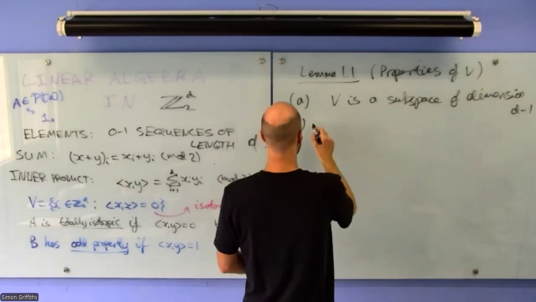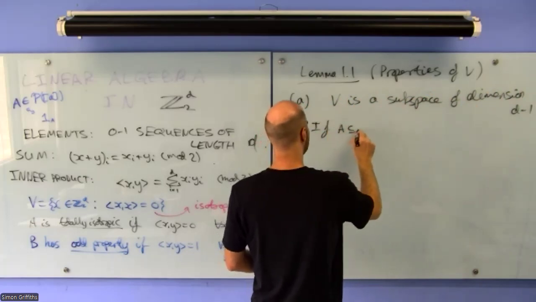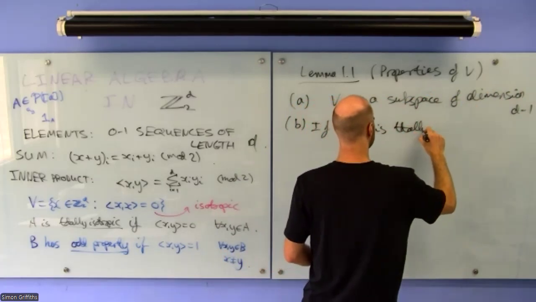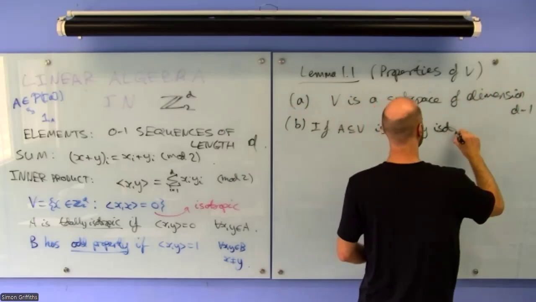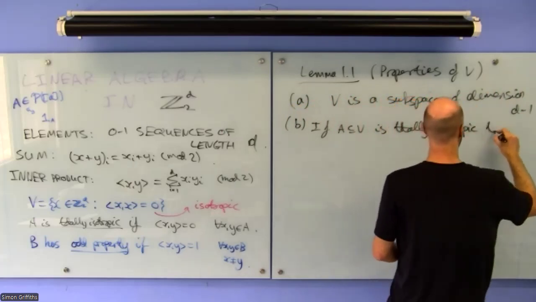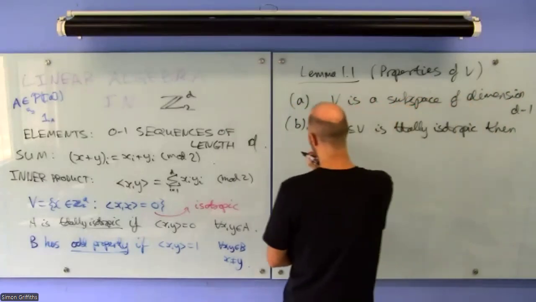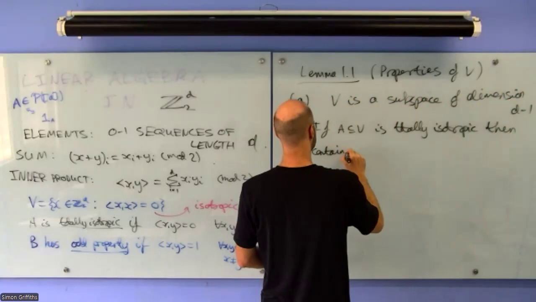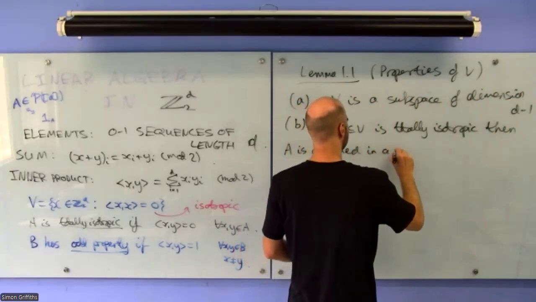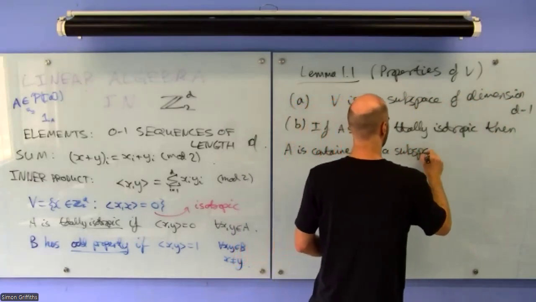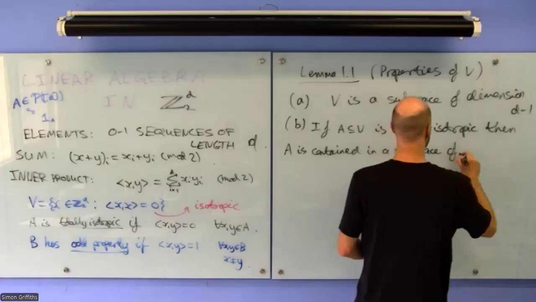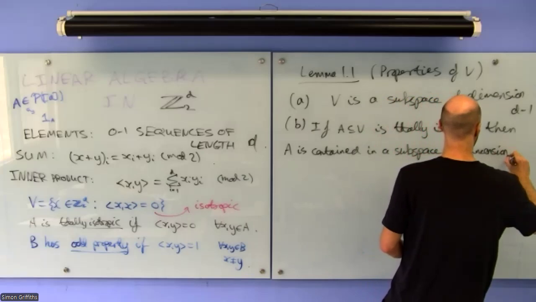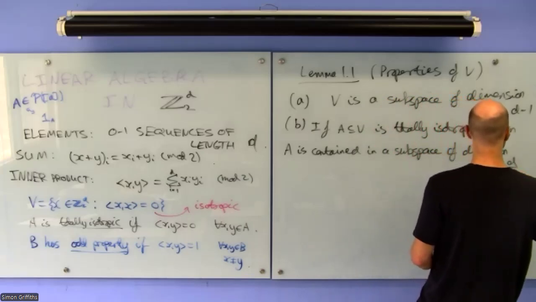Second, if A contained in V is totally isotropic, so it has this even property, then A is contained in a subspace of dimension at most D over 2.